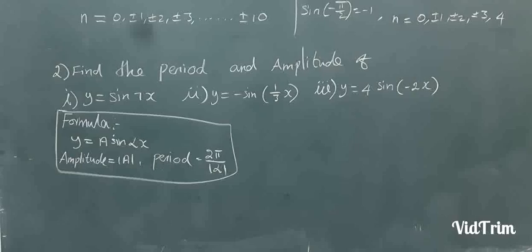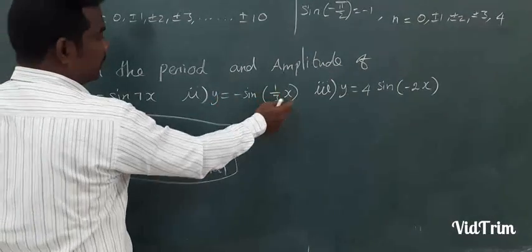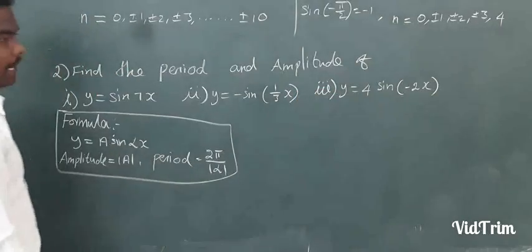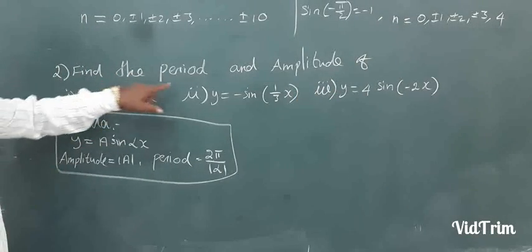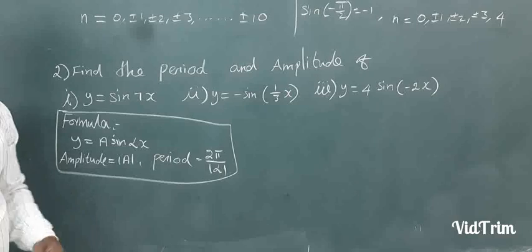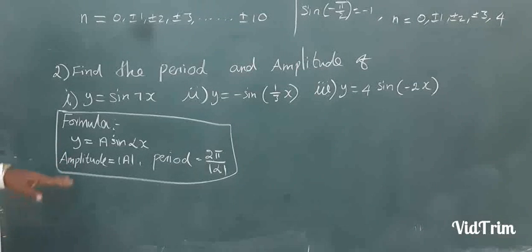y is equal to sin 7x, y is equal to minus sin of x by 3, y is equal to 4 sin of minus 2x. We are going to find the period and the amplitude. Before we start the sum, we just keep this in mind, the simple formula I found from the CBSE book.